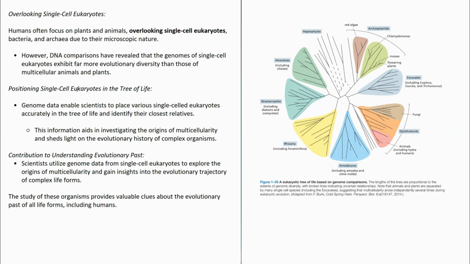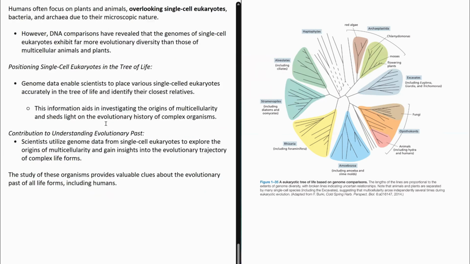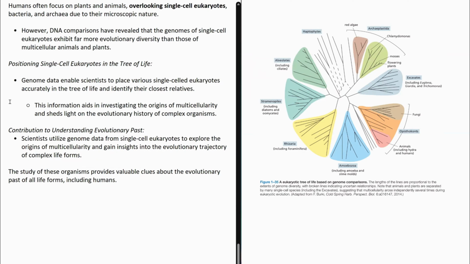But DNA comparisons have shown that the genomes of single-cell eukaryotes show more diversity than those of multicellular animals and plants. If you look at this tree of life, take a look at all this diversity of single-celled organisms.